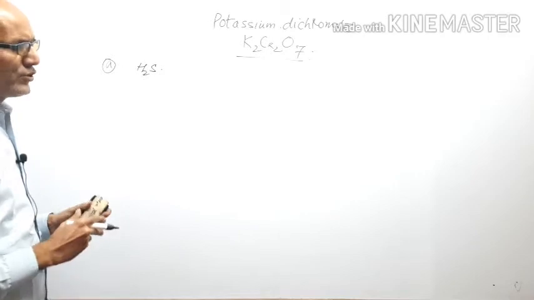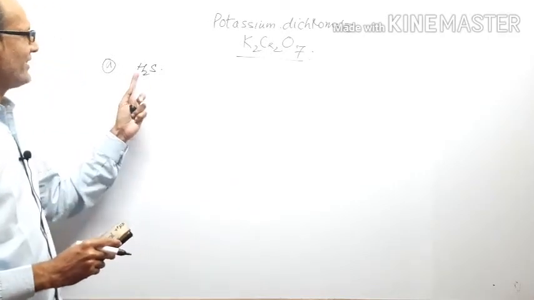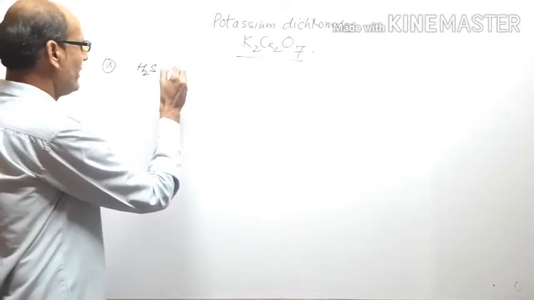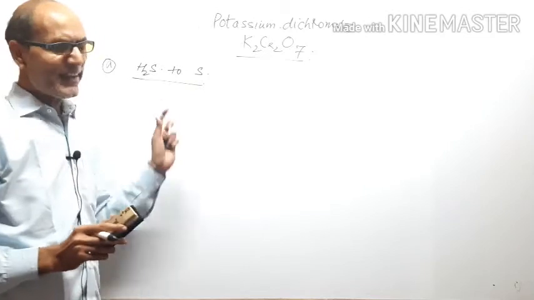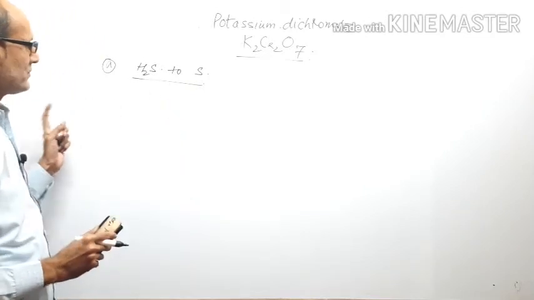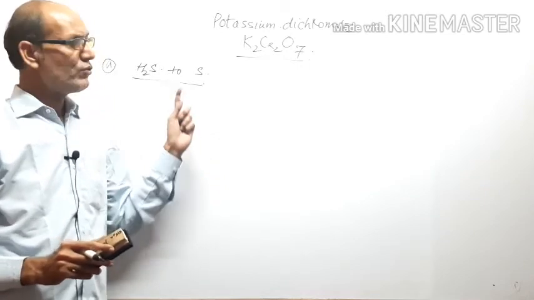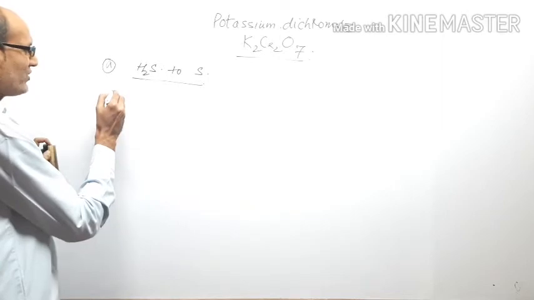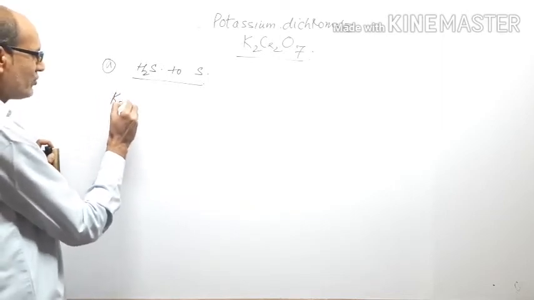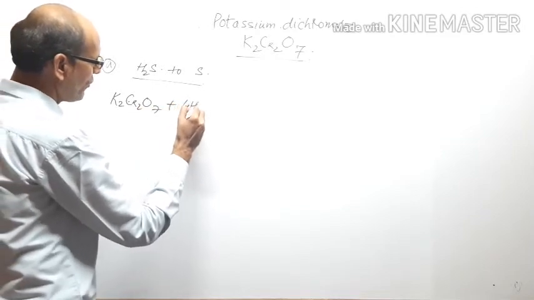That means acidified potassium dichromate oxidizes hydrogen sulfide to sulfur. If you take hydrogen sulfide and add potassium dichromate and dilute sulfuric acid, you will get sulfur. How will you write the reaction? First of all, write K2Cr2O7 plus 4H2SO4.